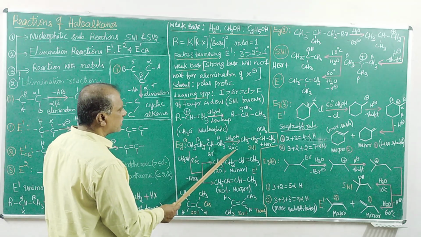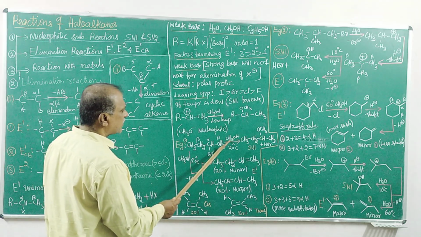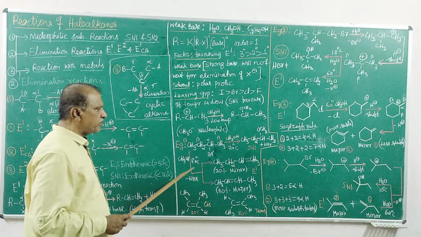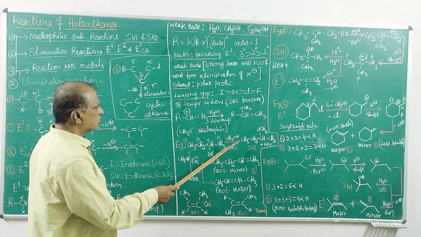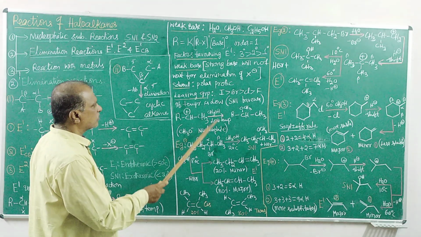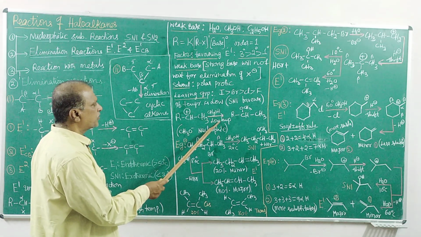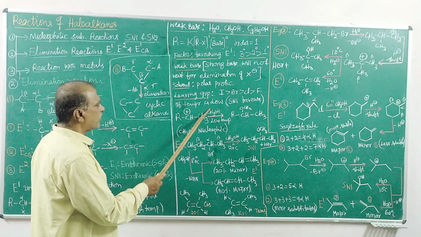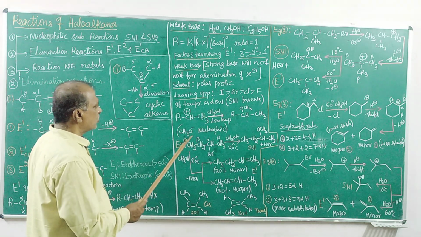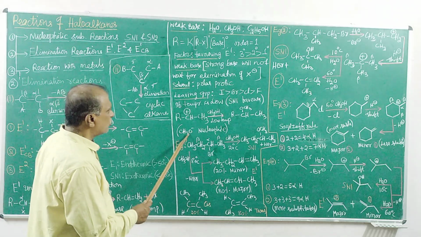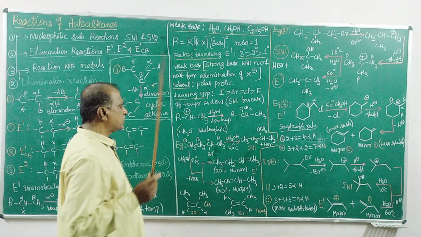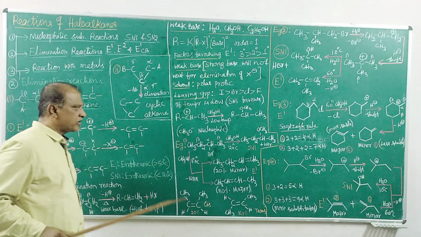At low temperature, the solvent, methanol, also acts as a base, a nucleophile. This polar protic solvent acts as a nucleophile and attacks the carbon atom. That is the SN1 mechanism. Low temperature favors the SN1 mechanism.